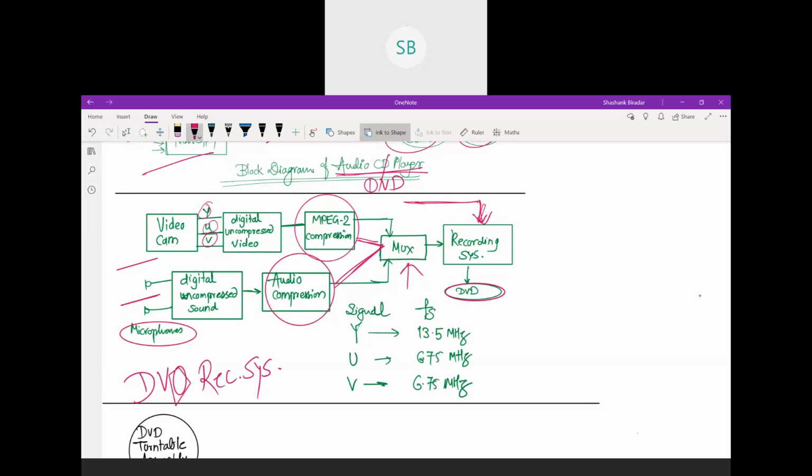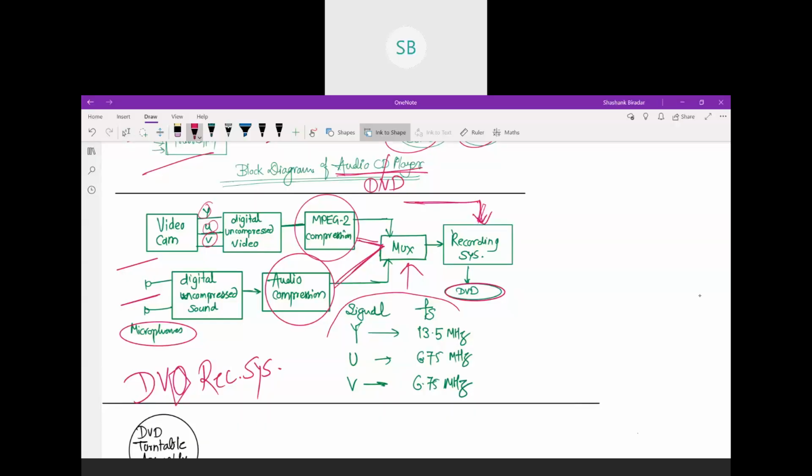Now if you try to recall the second unit, in which we were dealing with digital television, at that time we saw these parameters for luminance signals and color signals, because on DVD we are writing the digital data. So in digital TV also we are broadcasting digital data.